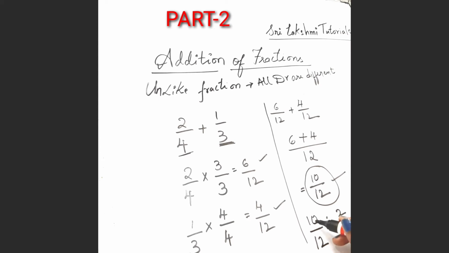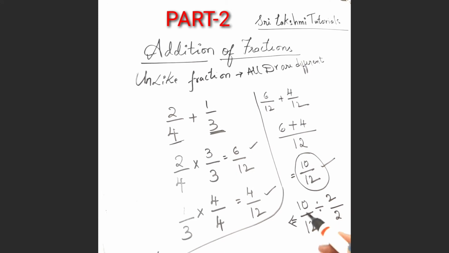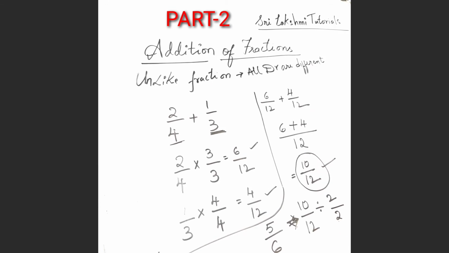So in 2 table, 10 how many times? How many times, children? 2 table 10 goes 5 times and 12 goes in 2 table how many times? 6 times. So 5 by 6 is the lowest term of 10 by 12. Okay. Hope you understood the addition of fractions.